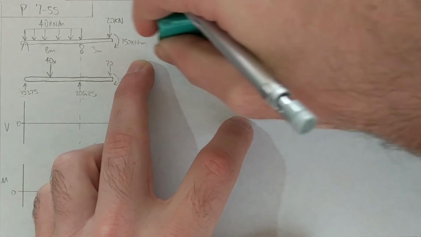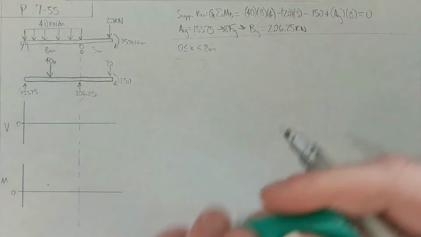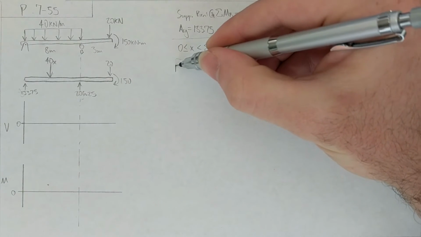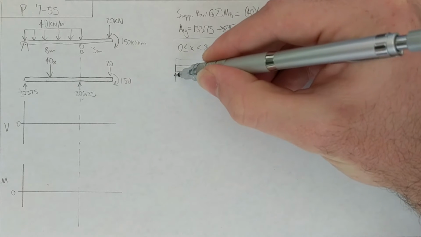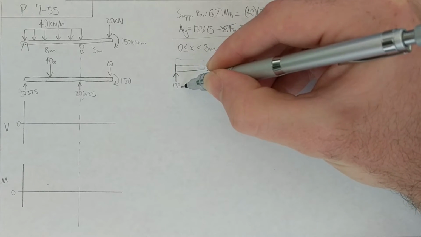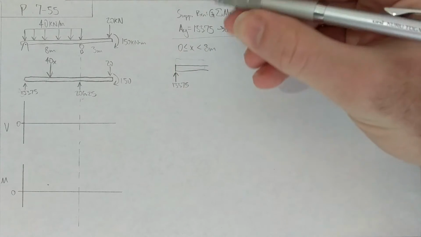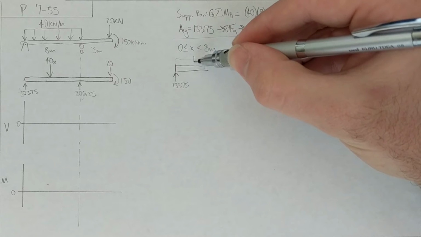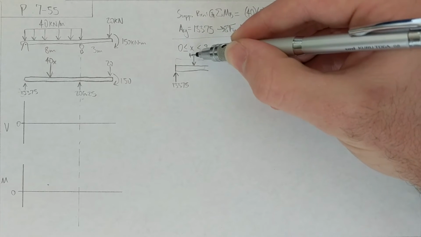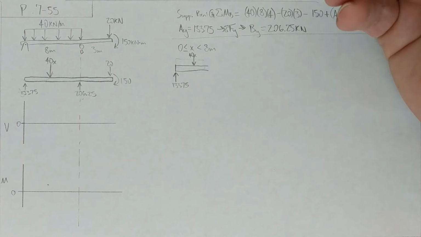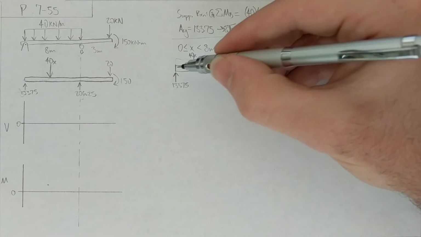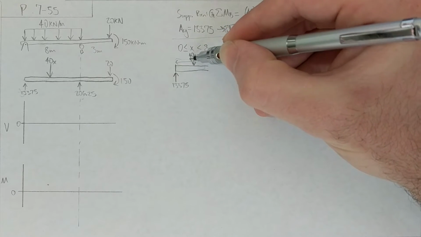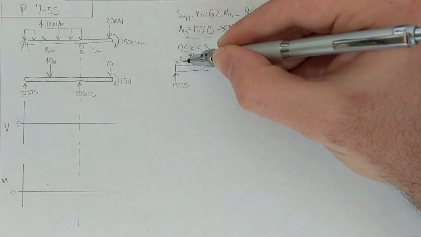With a little more room than that. So we've got our 133.75. We have 40x, a distance of x over 2.